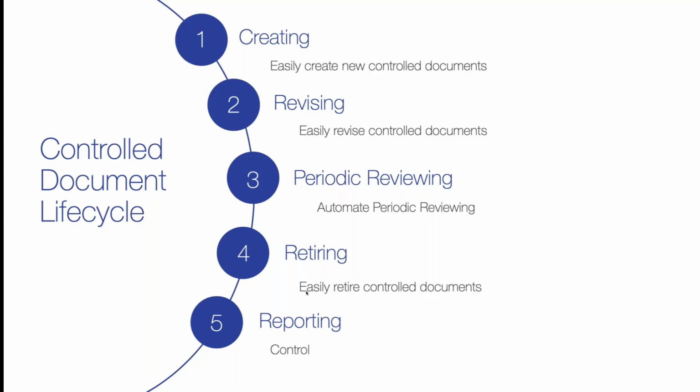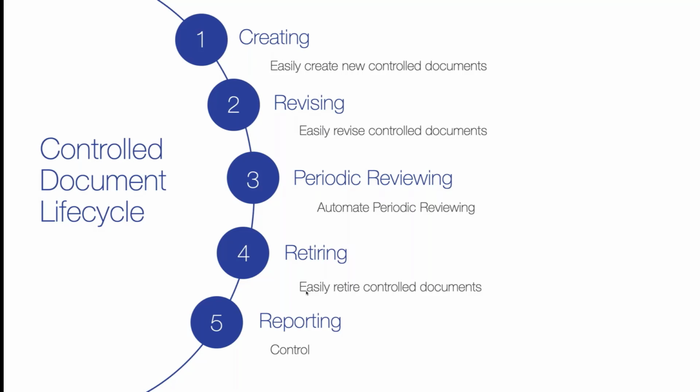So what we've covered here is how Controlled Document Lifecycle can improve your operational readiness, your compliance, auditability, as well as by implementing this and removing manual processes, you can save time and you can reduce costs. We've gone through an easy way to create new documents.